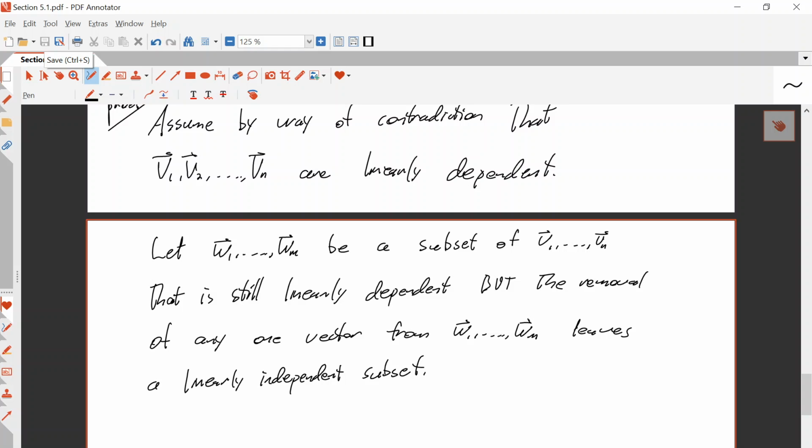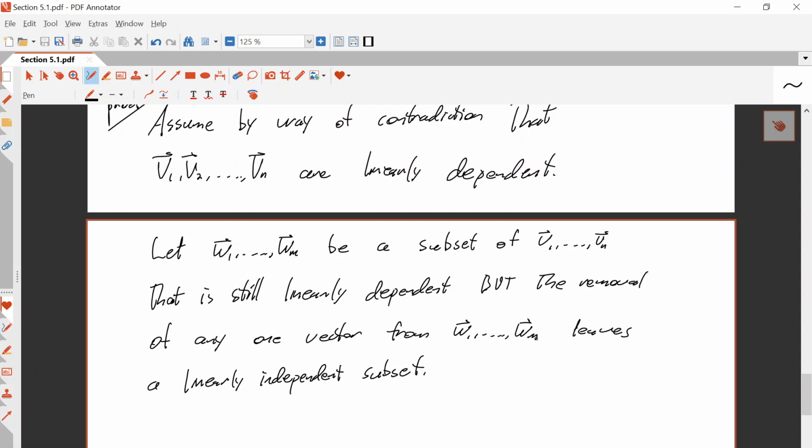So you don't just chuck away any dependent vector. Chuck away the dependent vectors that leave you with a dependent subset. If no such vector exists, then you've got this set that is still dependent, but removing any one vector from it leaves an independent subset. So you're really paring down this linearly dependent set in sort of the right way.